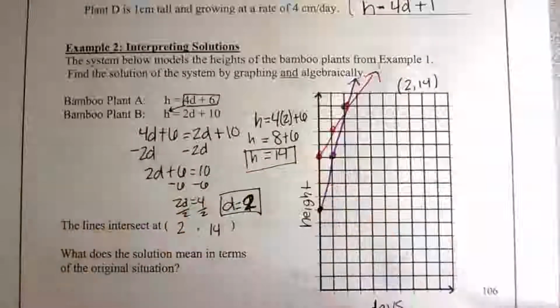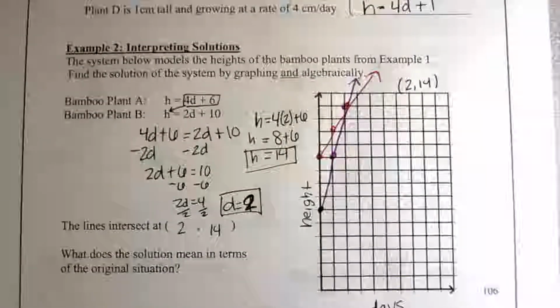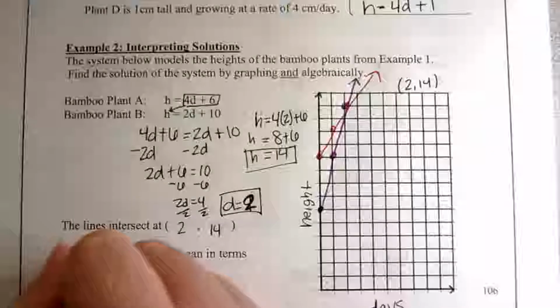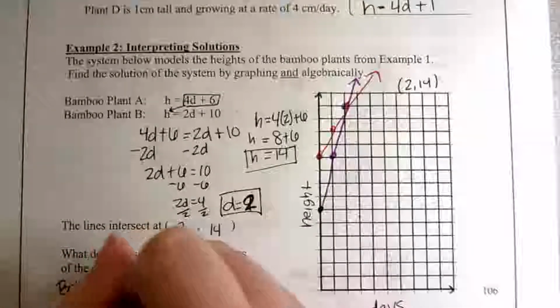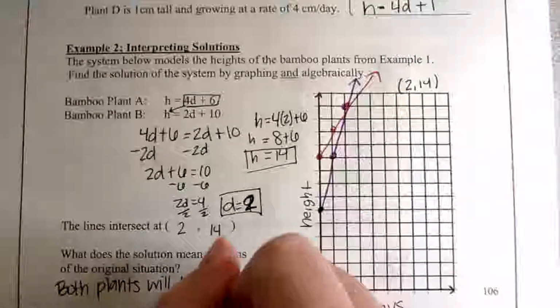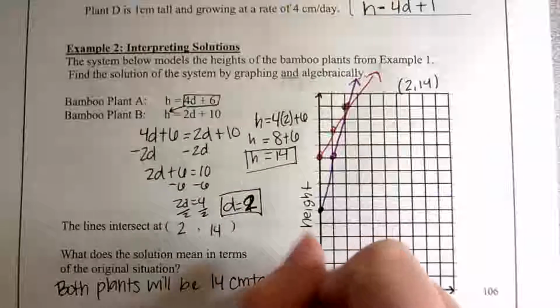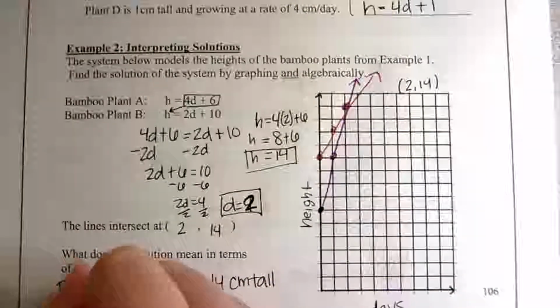And what does this mean in the context of the situation? So what is the height? Height was 14 after 2 days. So yes. Okay, so let's put that all together. Both plants will be 14 centimeters tall after 2 days.